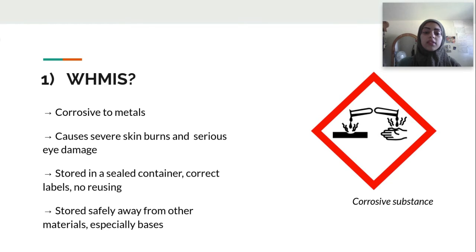So the safety handling precautions that you would have to take if you were to handle this substance: you have to make sure that it's stored in a sealed container with the correct labels, and it's not broken or damaged in any way. You can't be reusing containers and putting angelic acid in a container that doesn't belong to it, because reactions may occur.